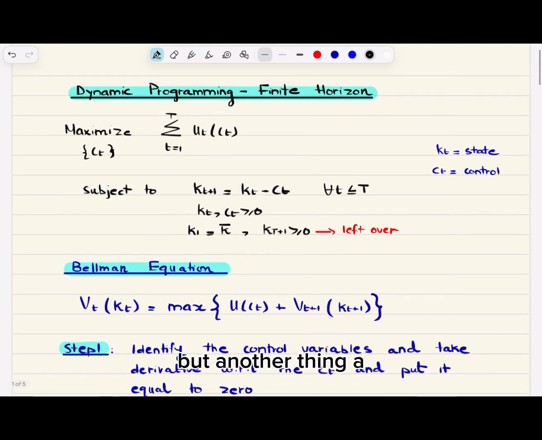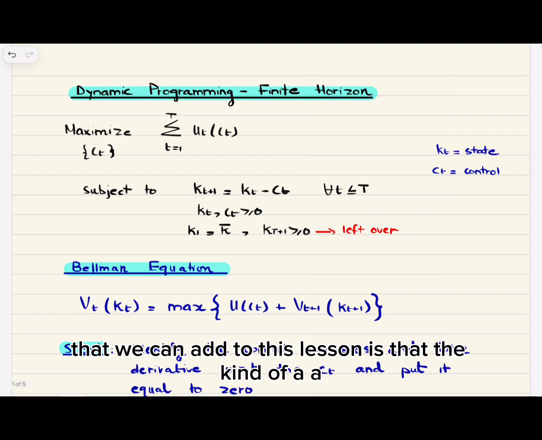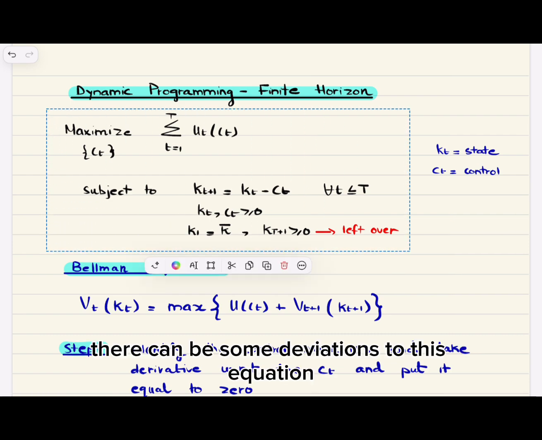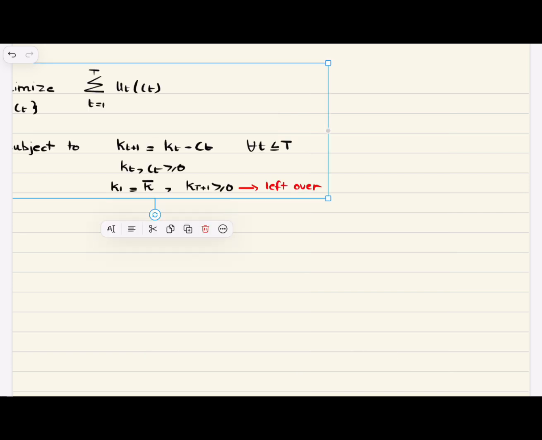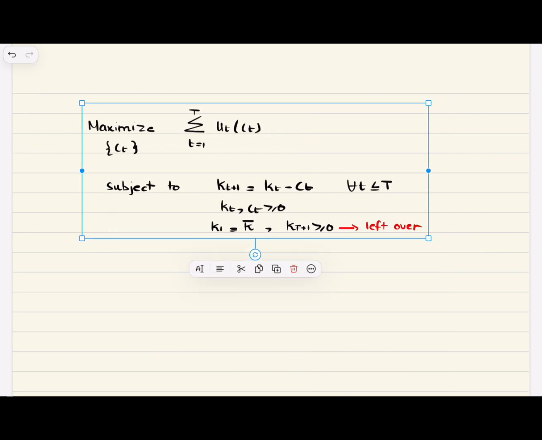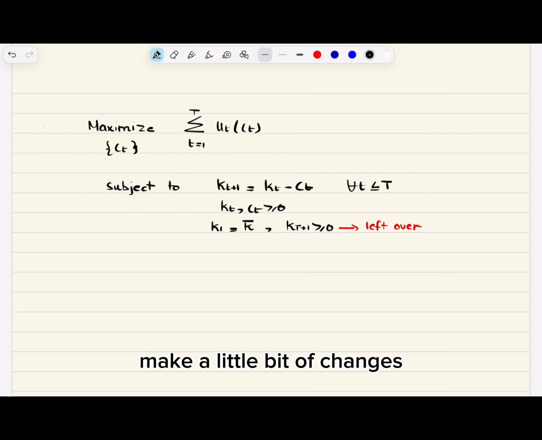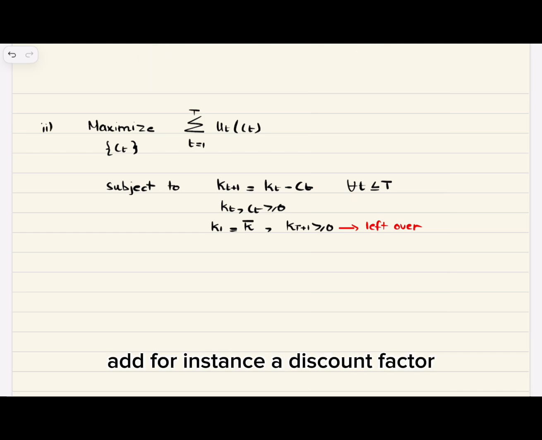But another thing that we can add to this lesson is that there can be some deviations to this equation that they might give you in an exam. For instance, they could make a little bit of changes. For instance, they could add a discount factor.